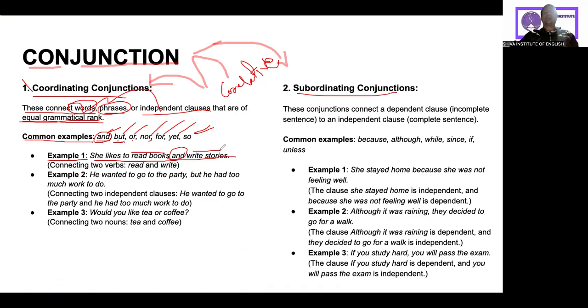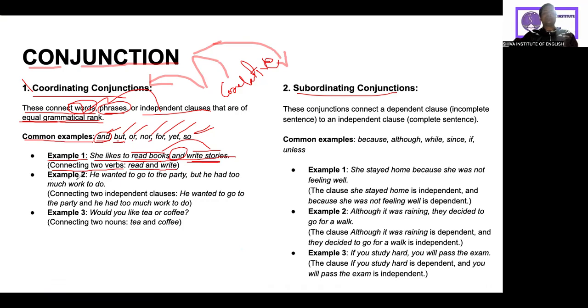They are phrases, and books and stories can be called words. But reading books and writing stories present equal grammatical rank. So it connects two verbs, read and write, which are joined with the word and.